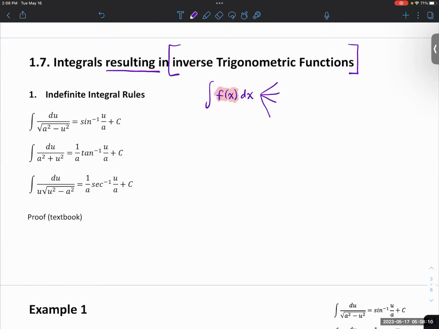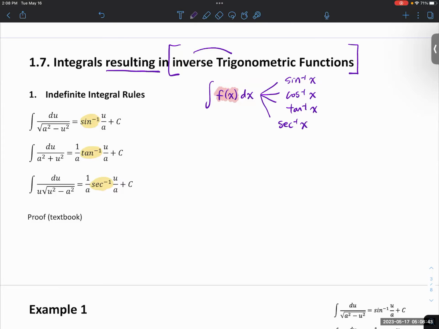What are the inverse trigonometric functions, such as sine inverse, cosine inverse, tangent inverse? We have a couple of inverse functions that you learned in pre-calculus, but here we're going to introduce three important inverse trigonometric functions: sine inverse, tangent inverse, and secant inverse.